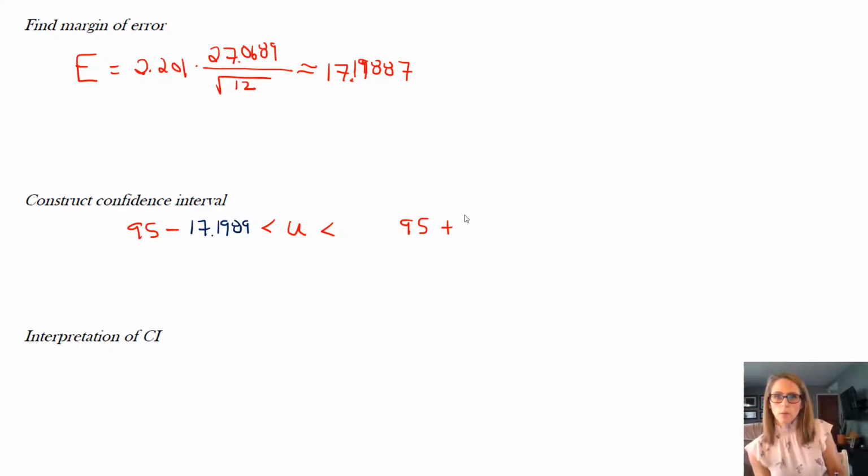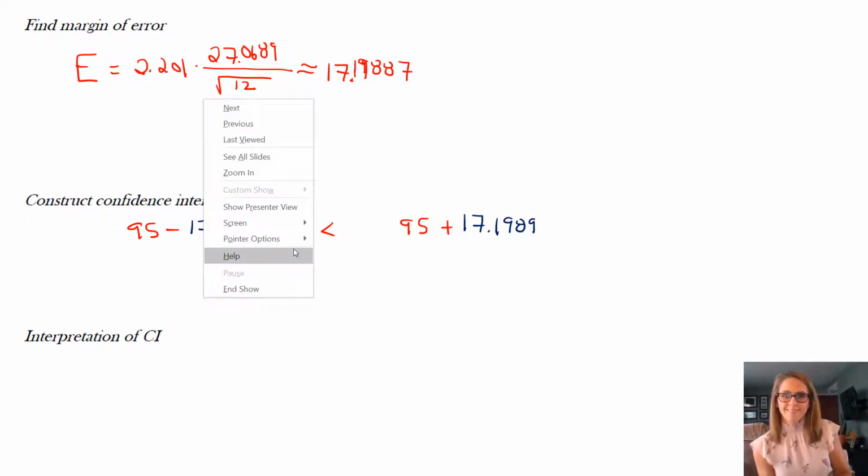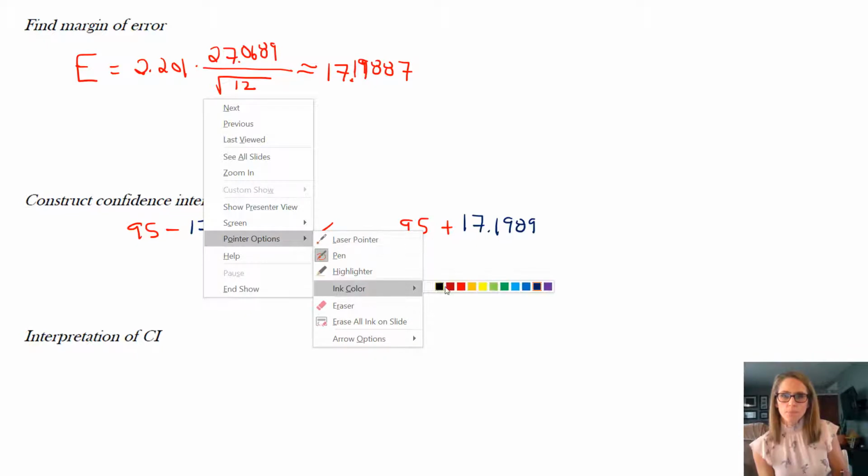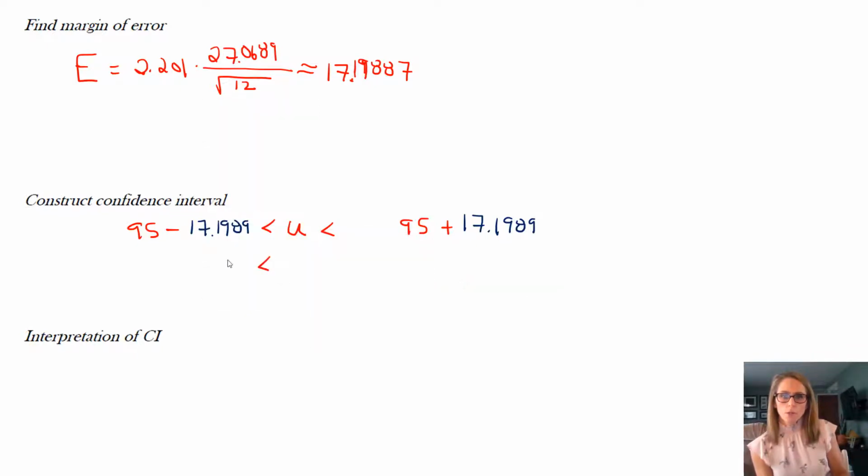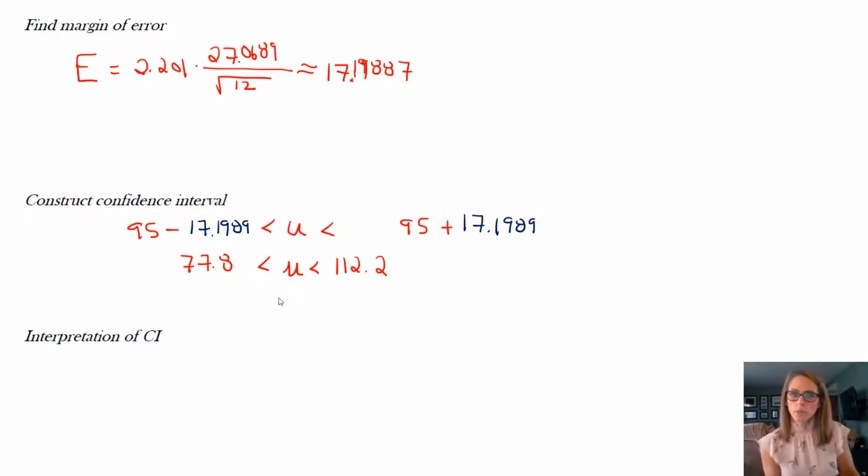I don't need too many decimal places on this. 1 decimal place is fine once I do the addition and subtraction. So over on our left side, 77.8. On the right side, 112.2.